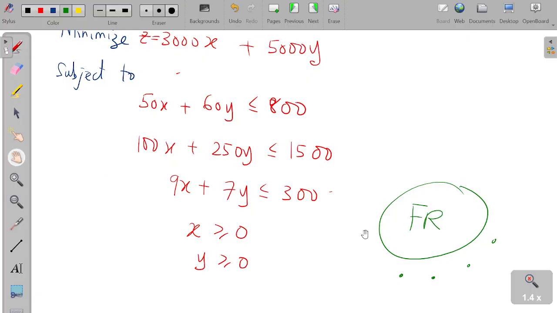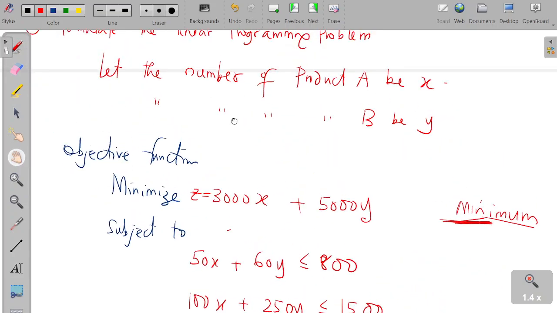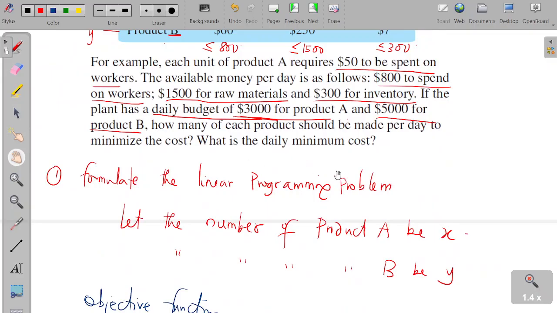Then we put each corner point into the objective function to look for the minimum point, the minimum cost. Because we are asked to minimize, we are looking for the minimum point, and that will be the minimum cost that we are asked to look for.